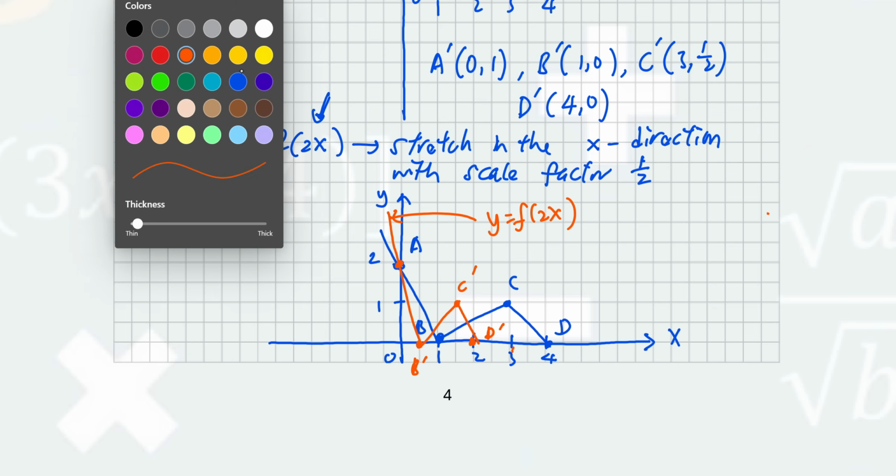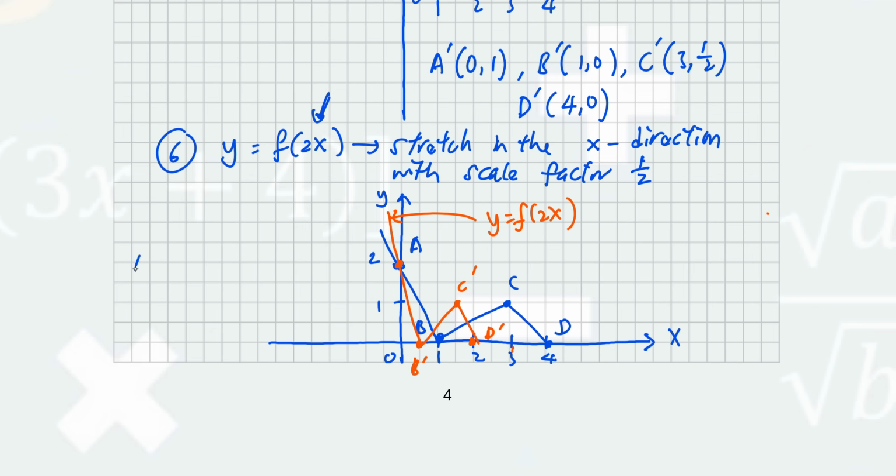Okay, that means now our new points, A prime with coordinates (0, 2), no change. And then B prime, instead of (1, 0), now becomes (1/2, 0). And then the C prime, instead of (3, 1), now becomes (3/2, 1). And then the D prime will be (2, 0). Okay, this will be the answer for question 6.